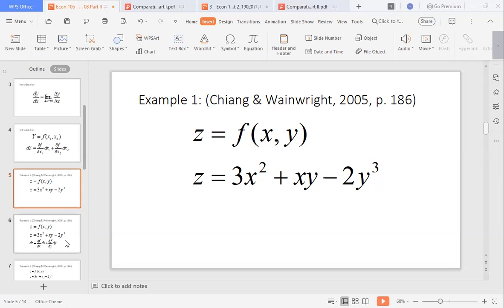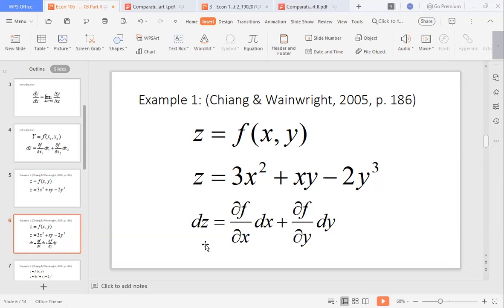So in that case, class, getting the total differential of z would be getting the partial derivative with respect to x multiplied by the change in x here, plus the partial derivative with respect to y multiplied by the change in y. So again, you can see that getting the total differential is just getting this partial derivative and a change of x here.